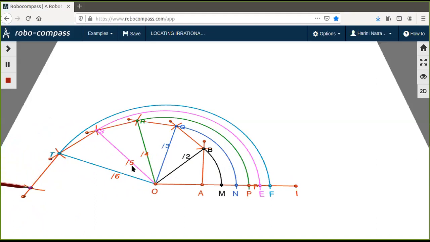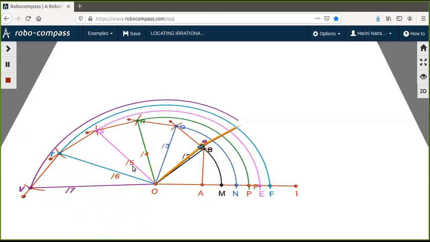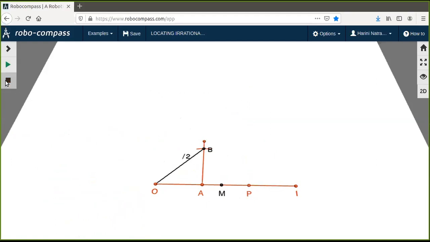Say I call it V. Join O and V. Now once again, take the length OV in your compass as radius, and when you drag and bring it down to the number line, what you will get is the root 7. So like this, you should be continuing till root 10.